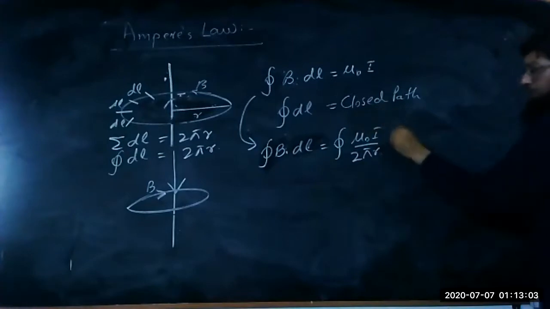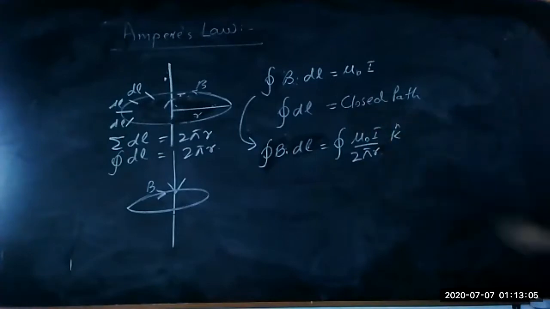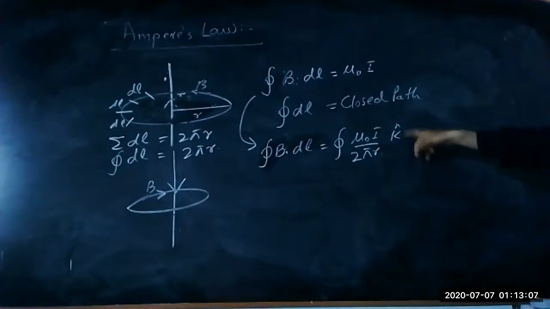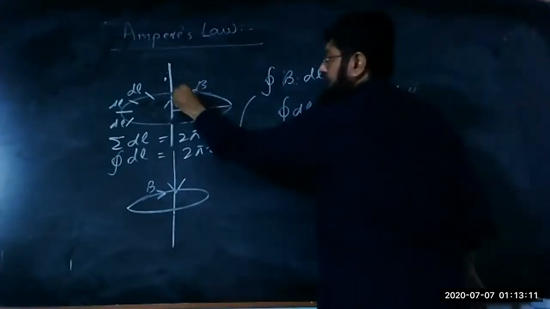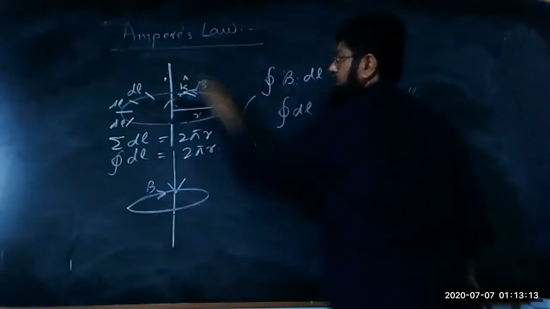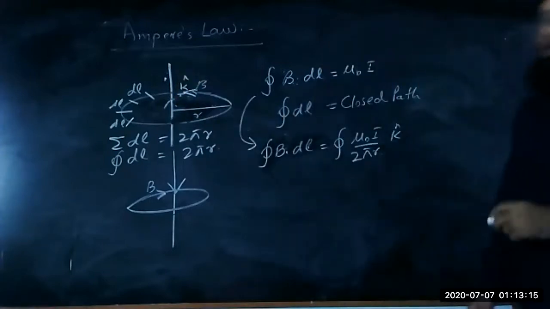The magnetic field is along the k axis, because the field is a vector quantity. This k is a unit vector which indicates the direction of the magnetic field.